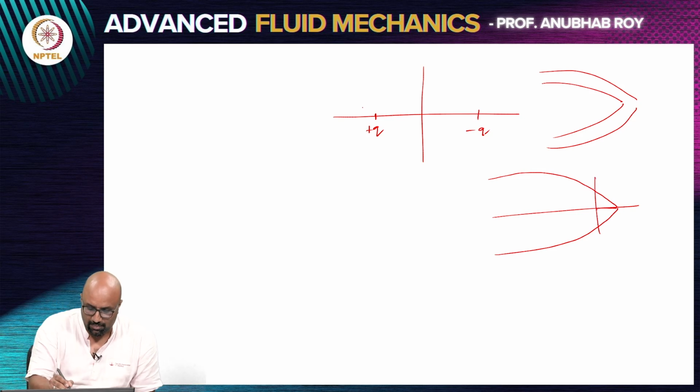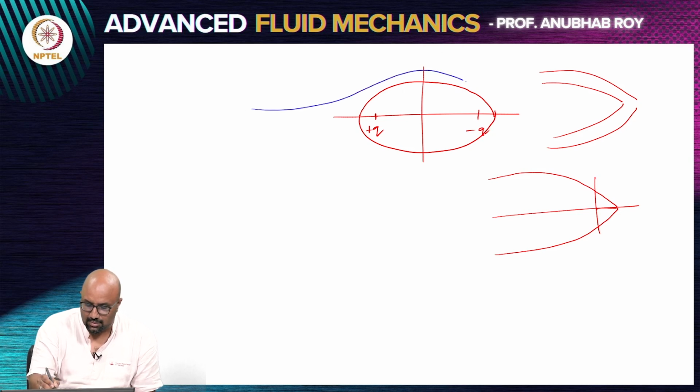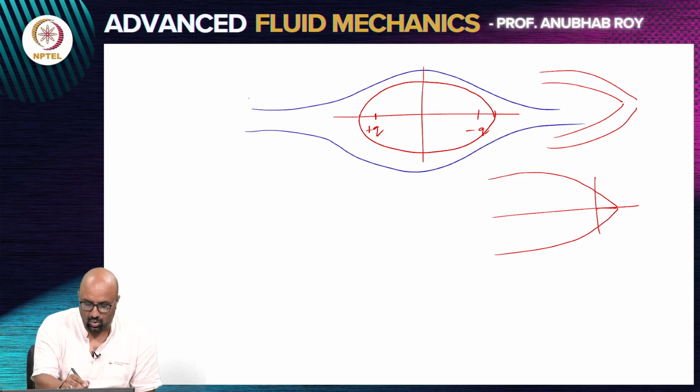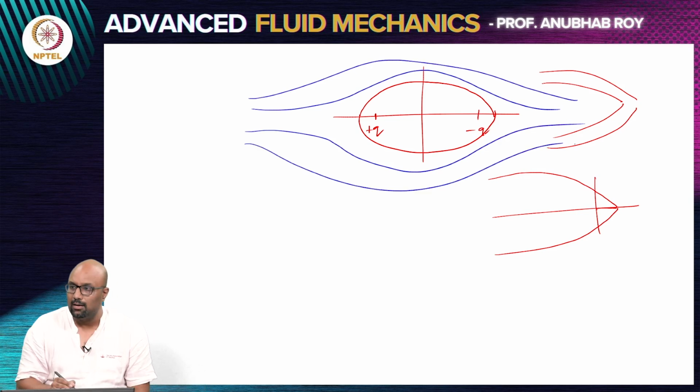So, when you have a combination of the two, what will happen is the boundary will look something like this, and you will have streamlines that will go around that red curve.